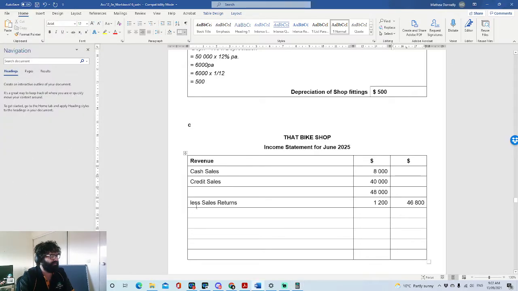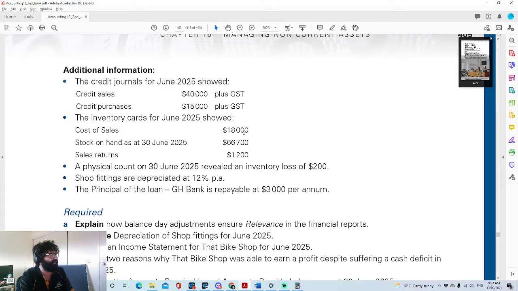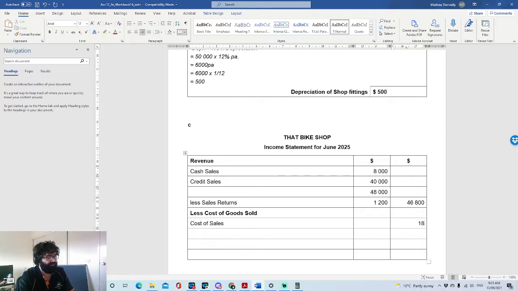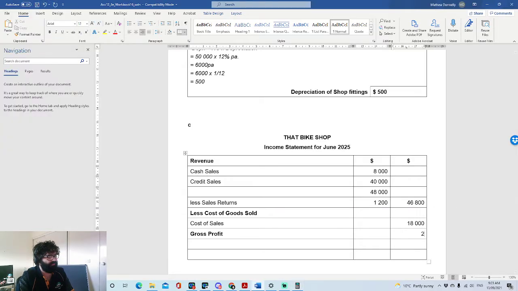So 46,800, then less cost of goods sold, cost of sales. There is nothing else in the cost of goods sold apart from cost of sales, so that's 18,000. So our gross profit is 46,800 minus 18,000, 28,800.